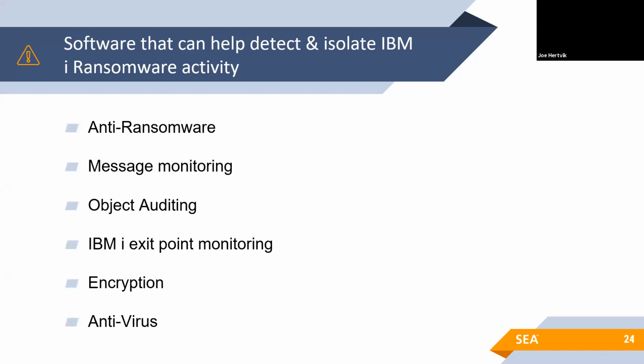Encryption. Now, it's kind of odd for me to be talking about encryption when I'm talking about battling a threat that will encrypt your IFS files. But the benefit here and the way that encryption can help reduce risk is that, remember, way back, the second ransomware threat is that the attackers will take a copy of your data and threaten to publish it.